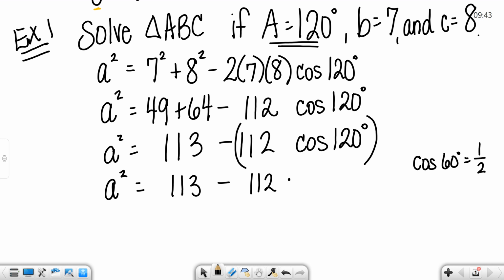Now that's in quadrant 1. In quadrant 2, 120 would be in quadrant 2, and the x values are negative, so this would be negative 1/2. All right, so now I'm going to multiply that 112 times negative 1/2, and I end up with positive 56.